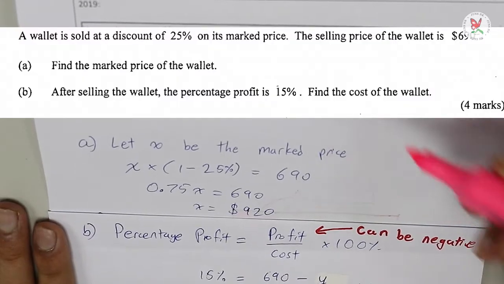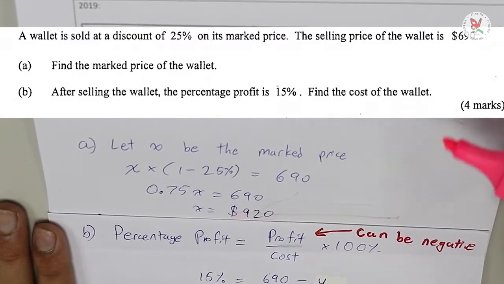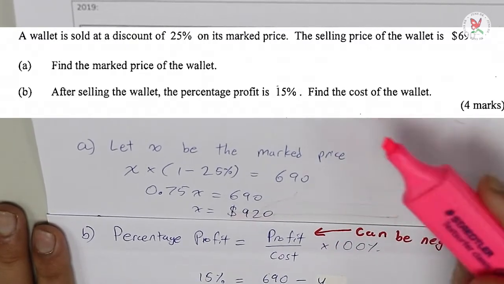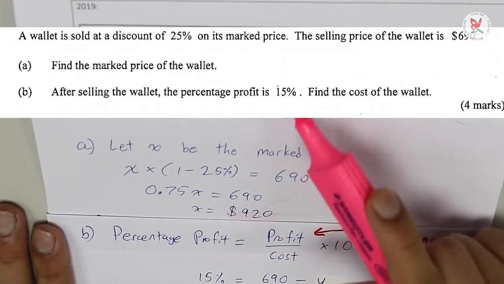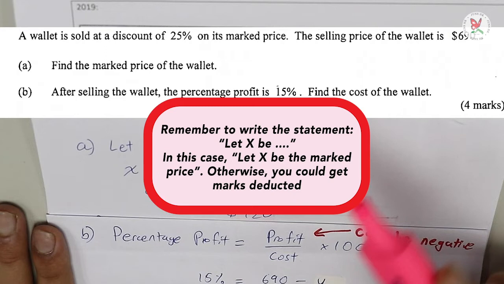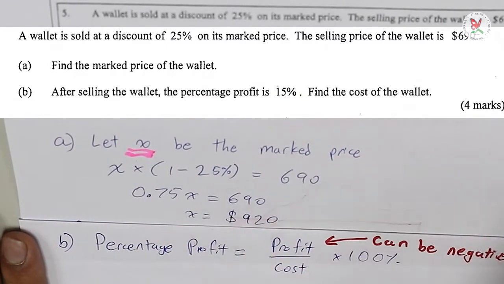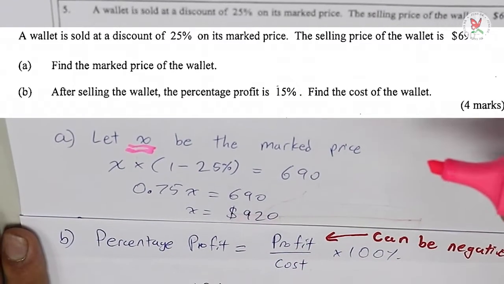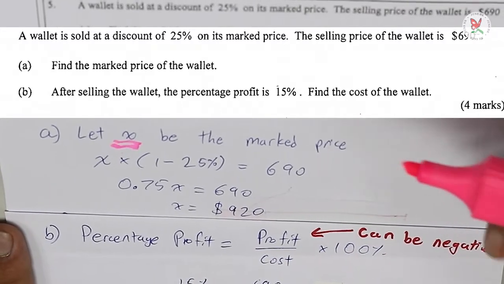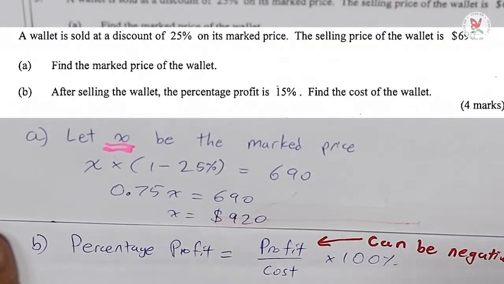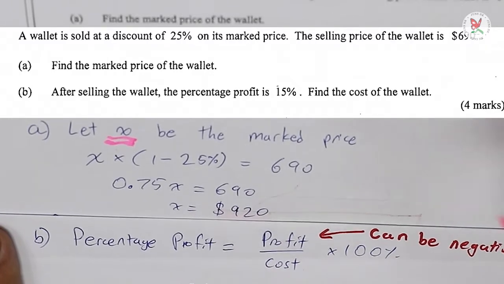So this is a percentage change question, and we want to find the marked price for question 5a. So we let x be the marked price, and the marked price is simply the original price without any changes, without any discounts. It's what's written on the item itself.